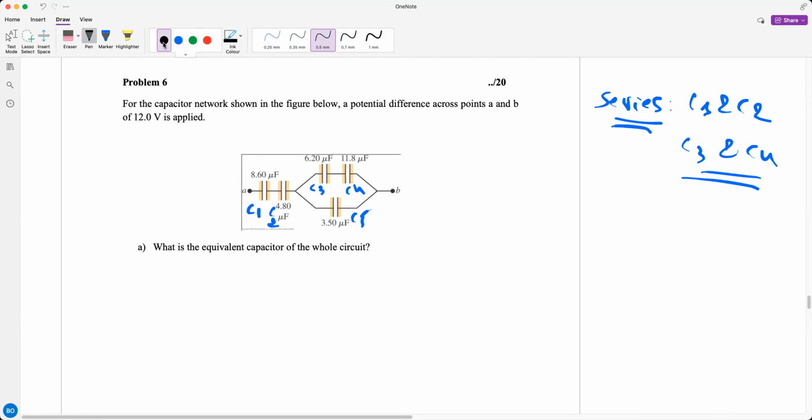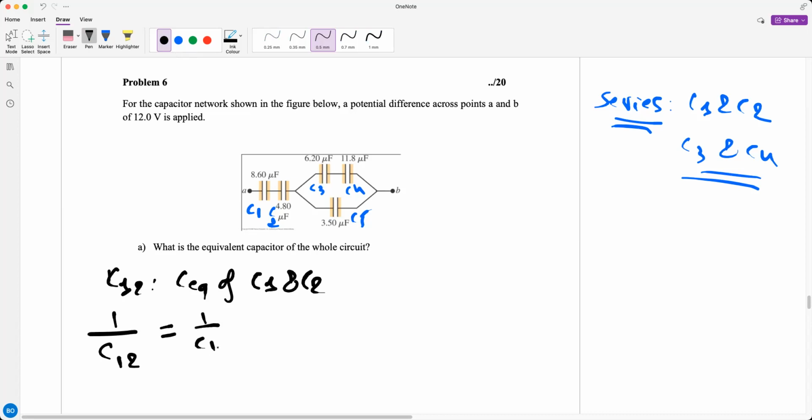If I call C12 the equivalent of C1 and C2, then because they are in series, 1 over C12 will be equal to 1 over C1 plus 1 over C2, and then you can easily get C12.